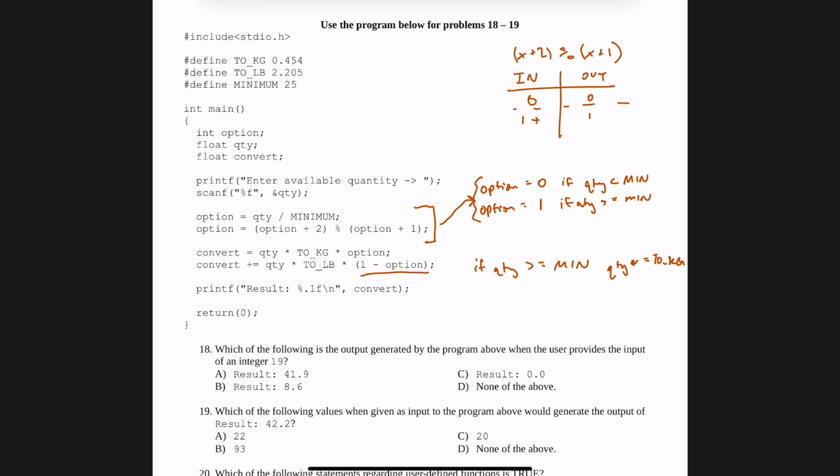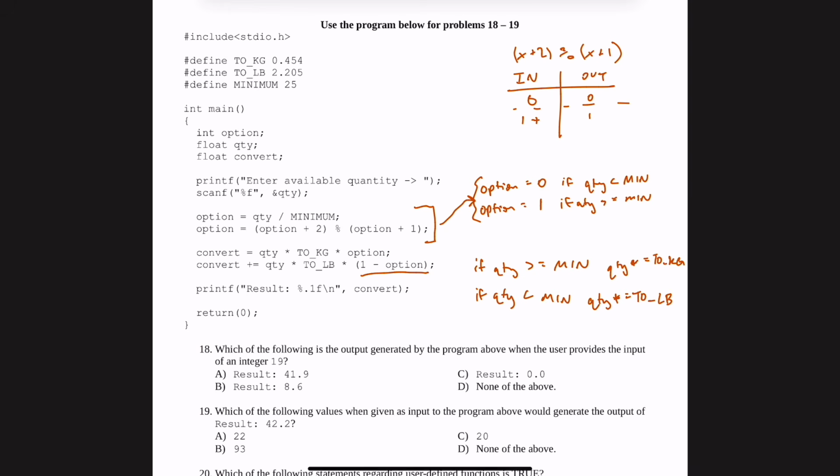Else, if option is 0, or if quantity is less than min, quantity times equals 2 pounds.